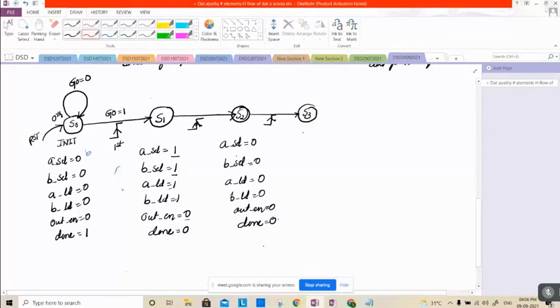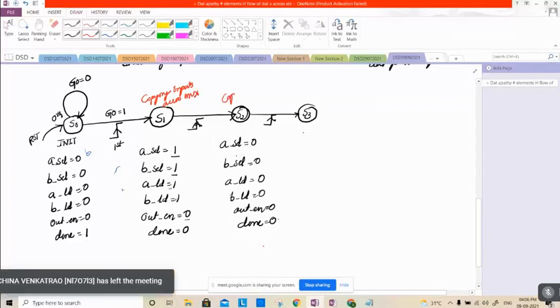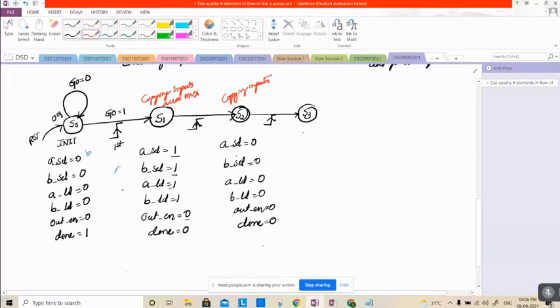See, this first state is copying inputs across the multiplexer, and this is copying inputs across a register. Now this is the comparison state.